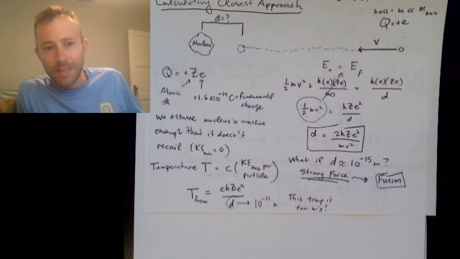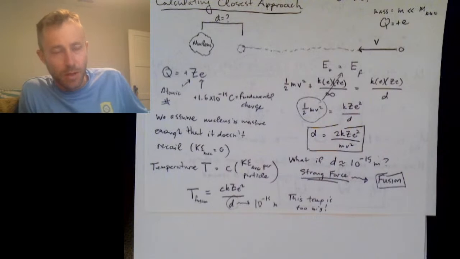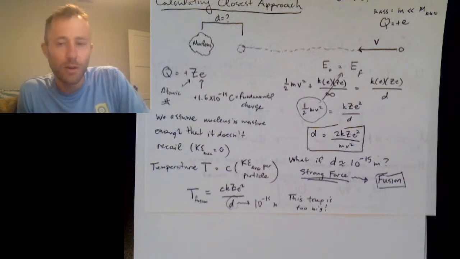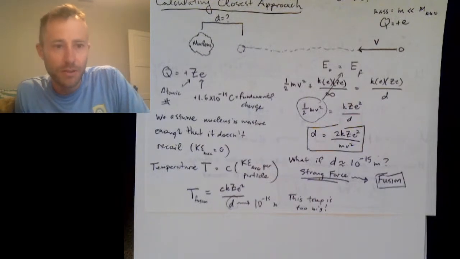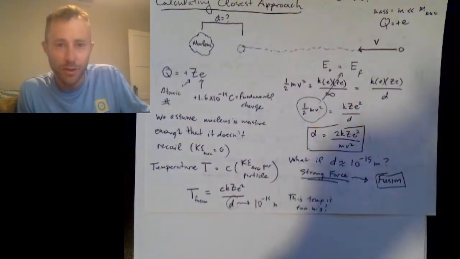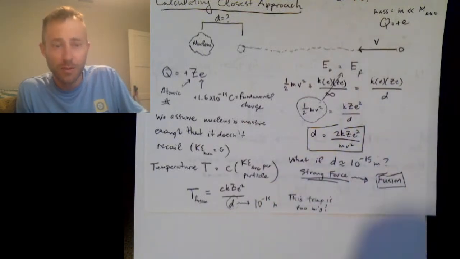Well, when we take into account quantum mechanics, okay, quantum mechanics has this idea called tunneling, which is when a particle is able to go into a region where it's not supposed to go. It doesn't have enough energy to go there, but it ends up there nonetheless. And that is possible in quantum mechanics. Okay?